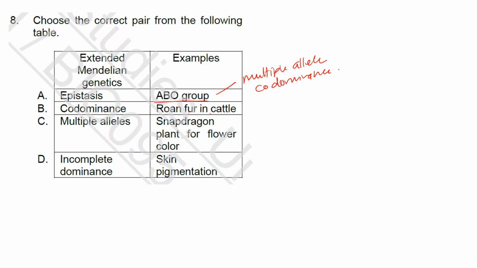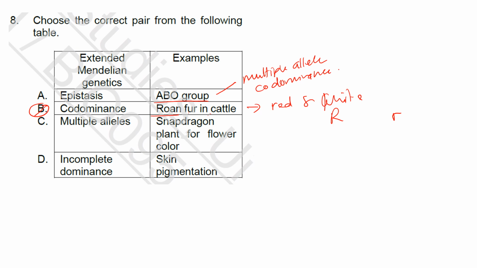So this one is the correct answer, where the fur color in cattle will exhibit roan color, where the cow has both red and white patches in the offspring. It means that both the dominant R allele and the recessive r allele will be expressed in the offspring, producing a cow with patches of red and white fur, which is roan. This is codominance. Both alleles will be expressed.